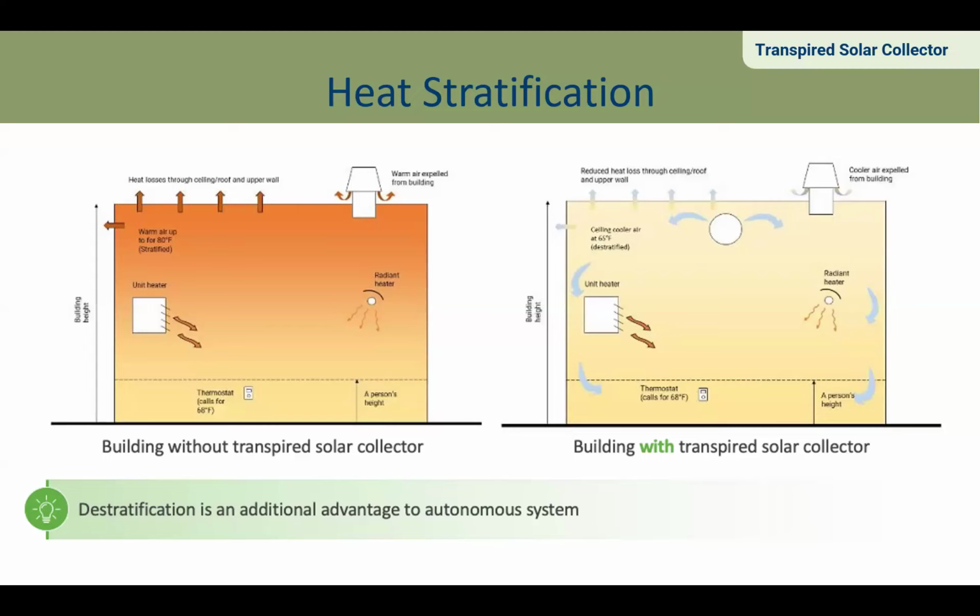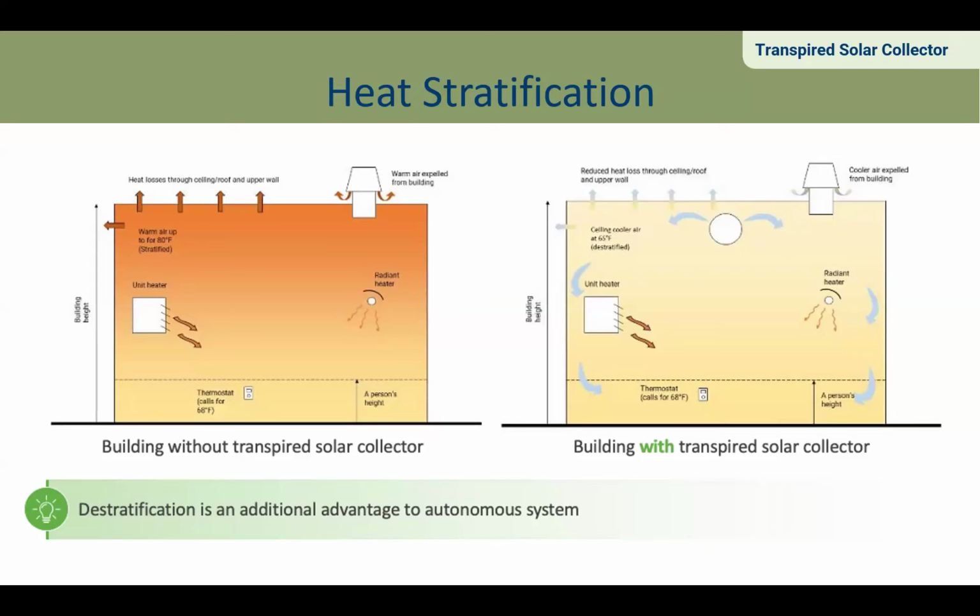So you'll have very warm air towards the ceiling, and then you'll have the temperature where the thermostat and the person is what you want it to be, but you're creating a very inefficient system that way because all that hot air is going up first and then eventually getting down to the occupiable space.